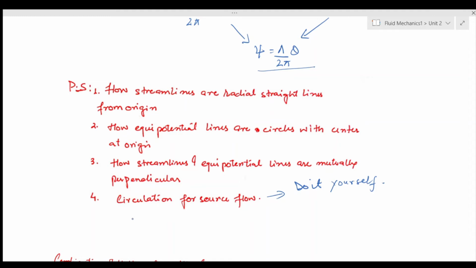For this kind of flow, I would recommend that instead of a rectangular curve, you take a circular curve and then try to find its circulation. So this is something important, you would have to do it.